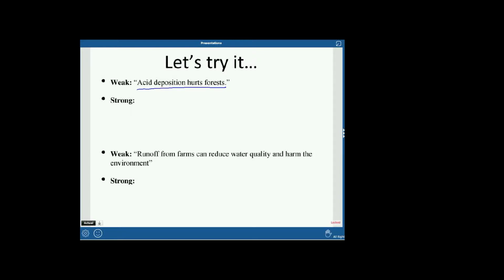So acid deposition, that's like acid rain hurts forest, right? So we could say acid causes the yellowing of plant leaves, which can reduce photosynthesis.